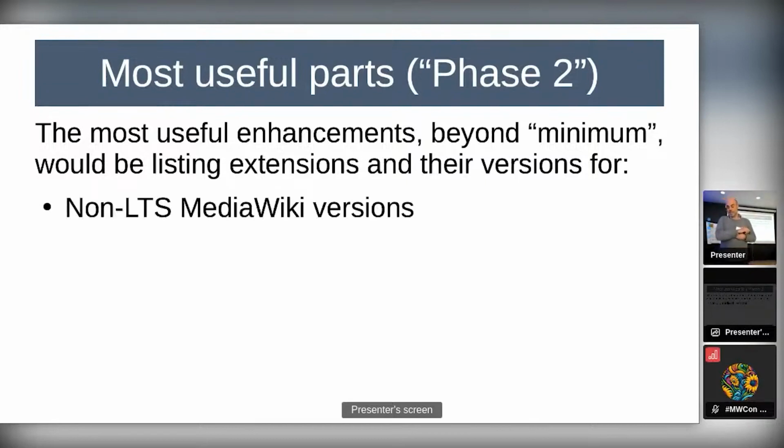But there is a good chance that people will ask about non-long-term support MediaWiki versions, like the current one, whatever it is, 1.40, I think, or 1.41. 1.42. Or 1.42. That's recent. Right. Okay. Two weeks ago. All right, yeah.